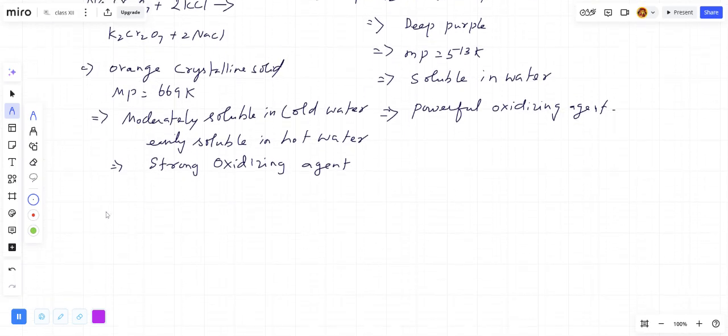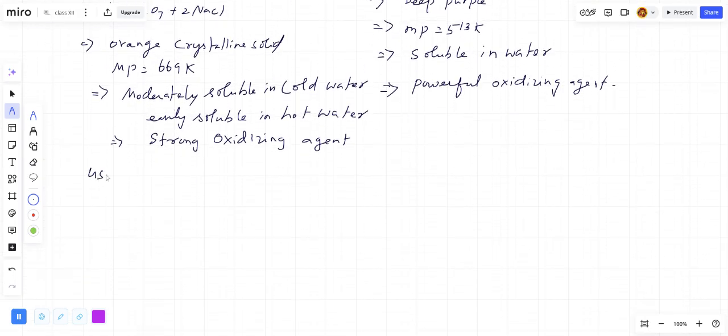Then, what are the uses? Potassium permanganate is used in the leather industry, calico printing and dyeing, and in photography.